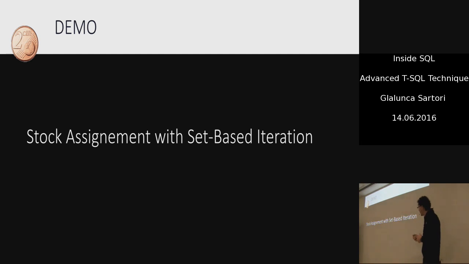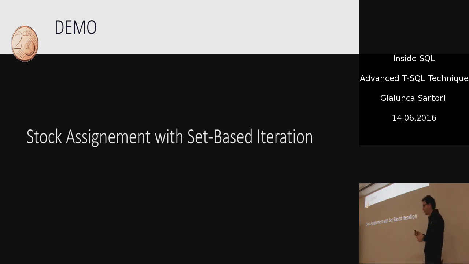So what I will show you here is stock assignment with a set-based iteration. What does it mean? Imagine that you have a warehouse with some products and some orders, and you have to find which products in your orders are covered by some stock in your warehouse.